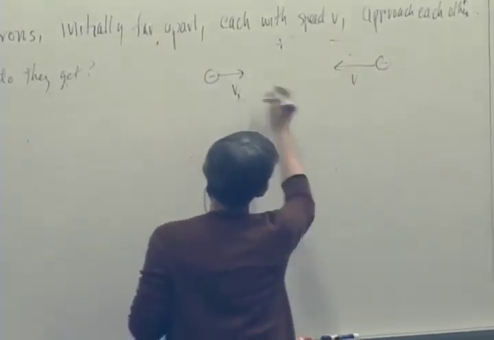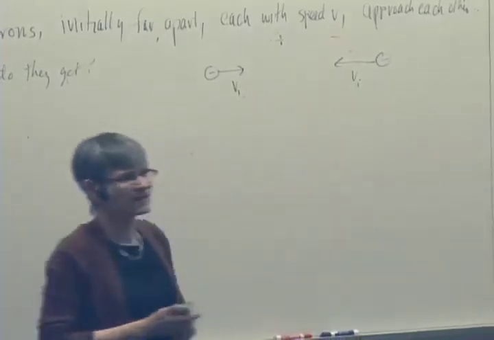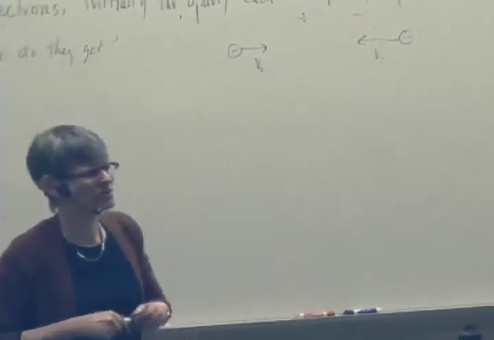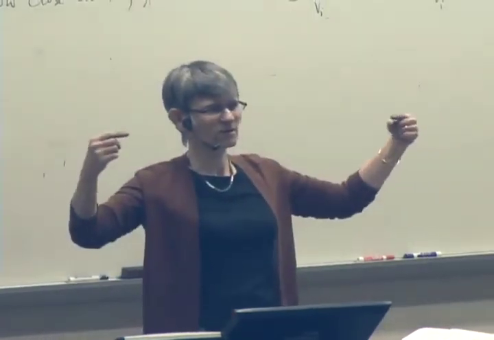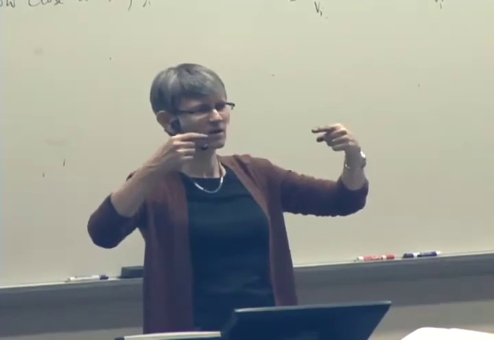Call it. Now, how far do they get? How close do they get? What does that say about the final state? They're repelling each other, so what's happening is they're coming together, they're slowing down. It's implying that they stop and maybe turn around and go the other way.